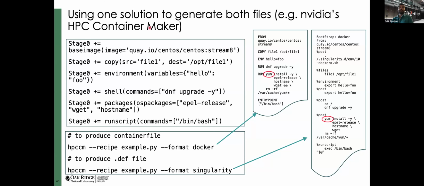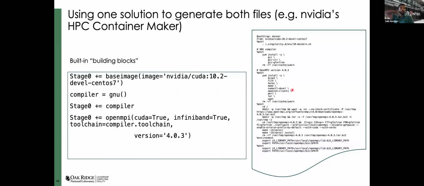A note, talking about your mileage may vary: the way that they generate the output for the container file or the definition file might not be exactly the way that you wanted. For example, maybe you wanted to install with DNF, but by default it generates yum installs instead.